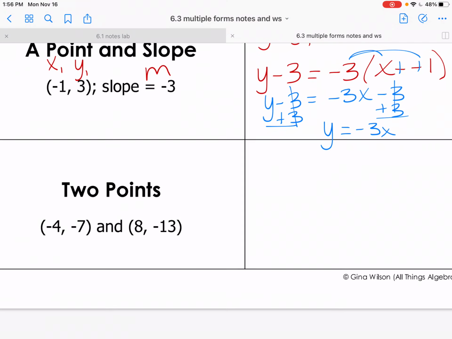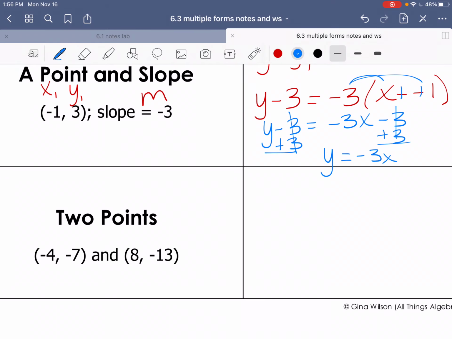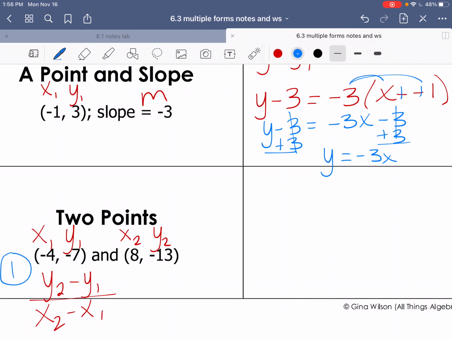Lastly, the final way is to do your 2 points, which I'm probably going to need some more room. First, we need to find the slope. So we first have to do y2 minus y1 over x2 minus x1. So remember from yesterday, this is step 1.